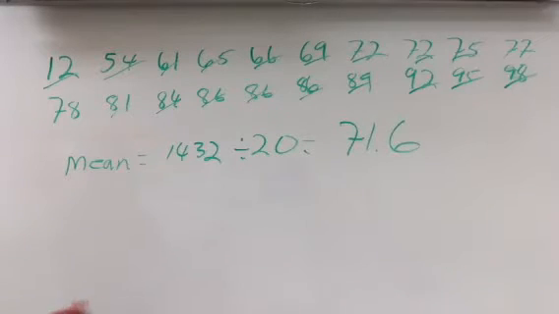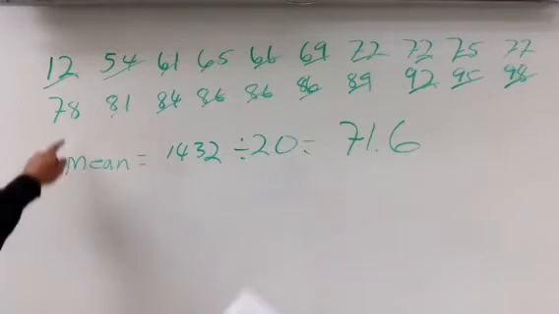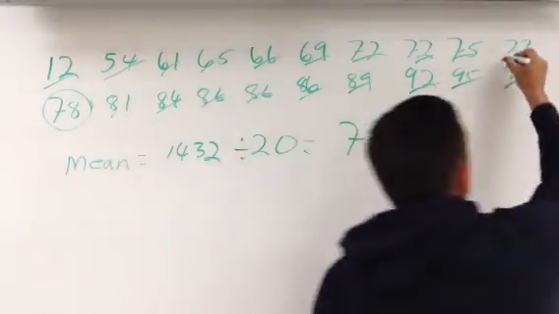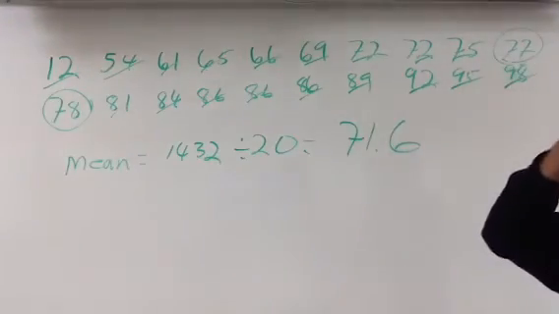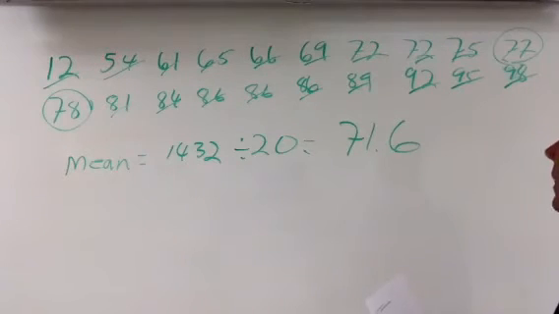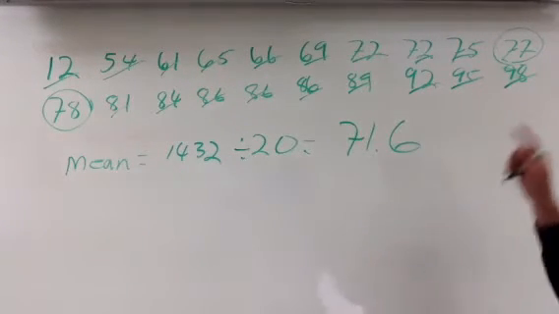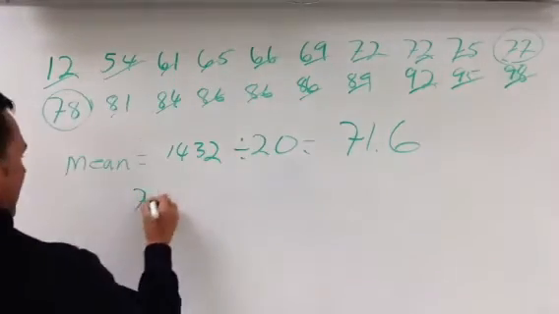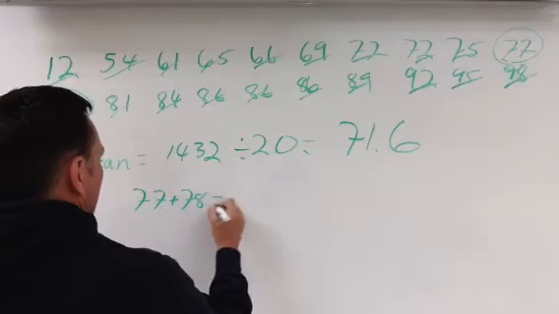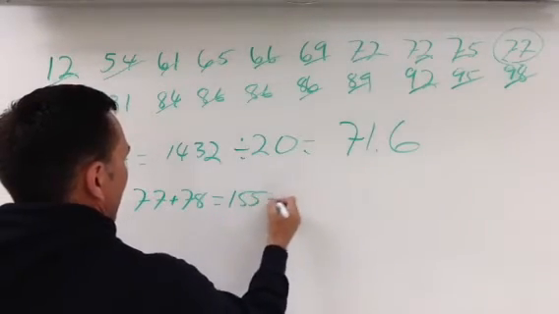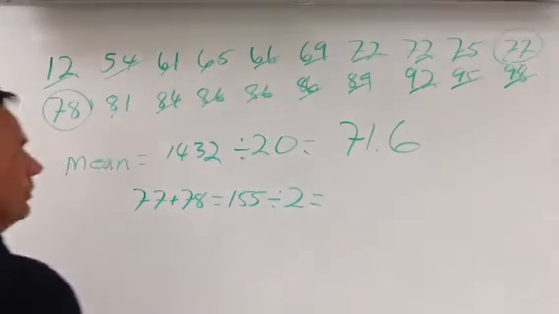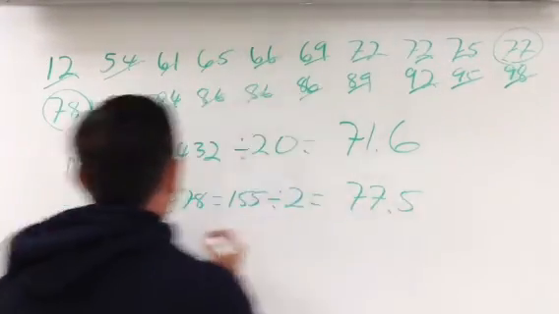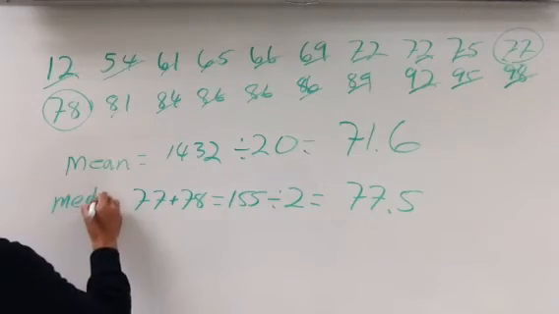If we're down to 1 number, it's just that last number. If we have 2 numbers, which is 98 and 77, and this will happen when we have an even pieces of data, we have to average these two. So we have to take 77 plus 78, and we get 155, and then divide that by 2. Which is 77.5. That would be our median.